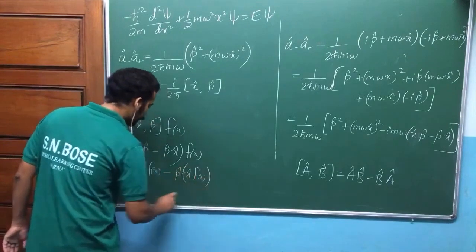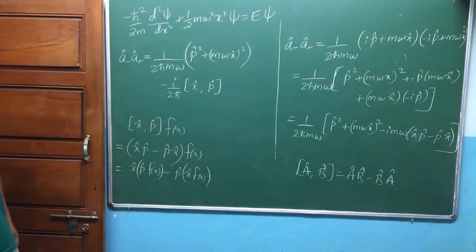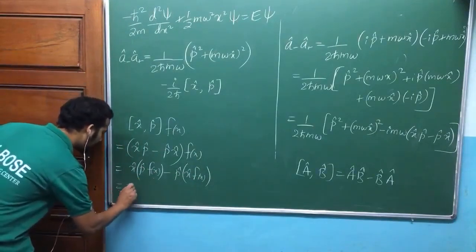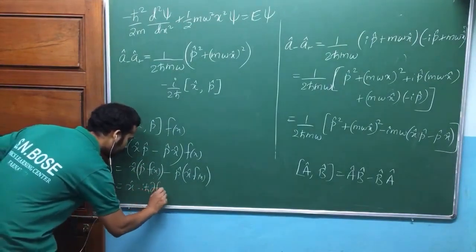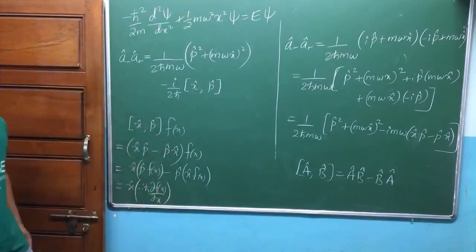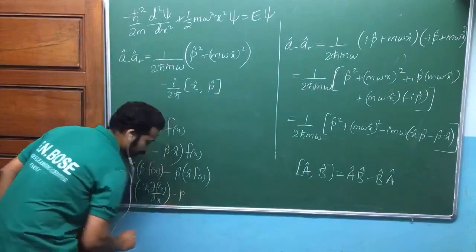Now can I put these brackets because I feel comfortable with it. Let me put this bracket. Now what is that p cap operator? Operating p cap first means minus i h bar dou f of x by dou x, isn't it? What is the p cap operator?